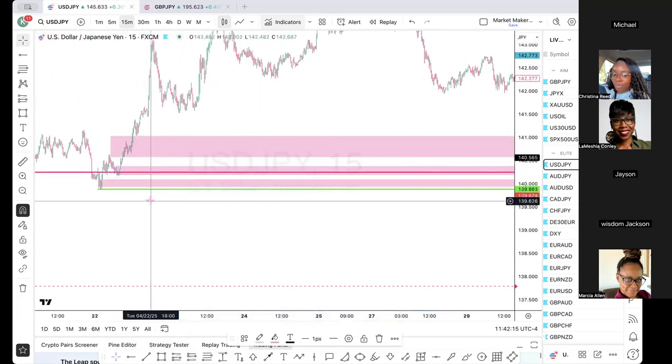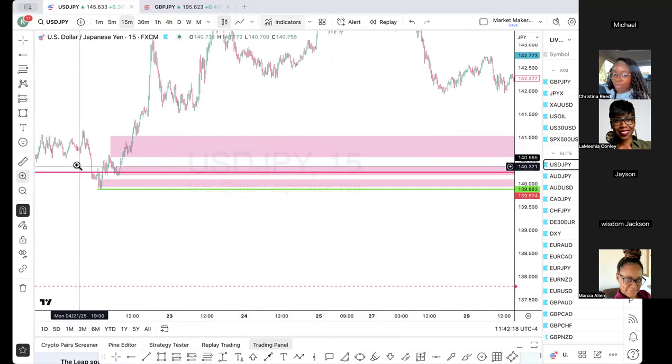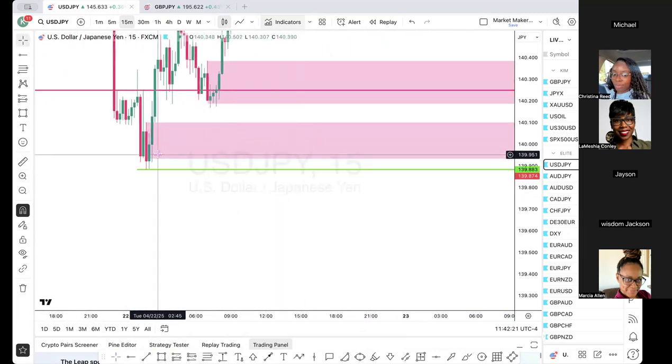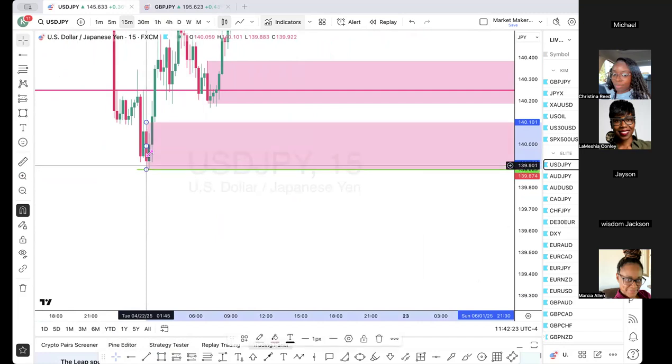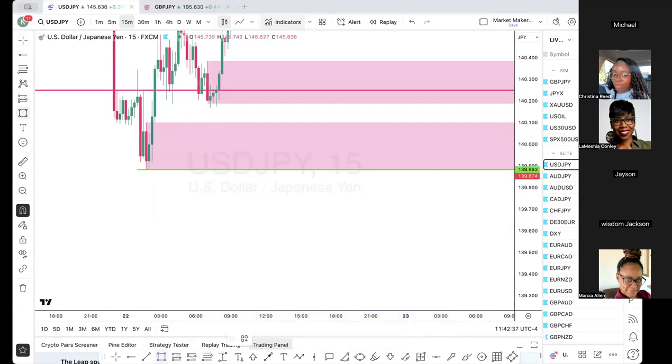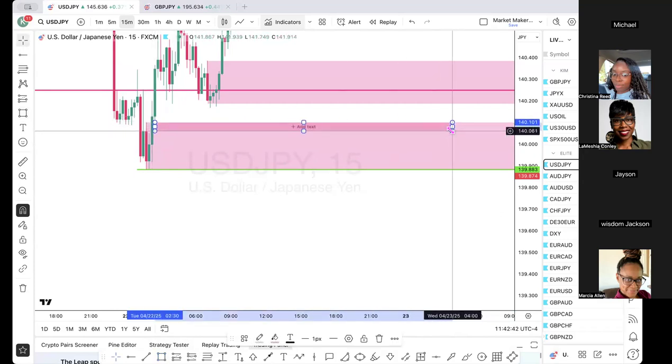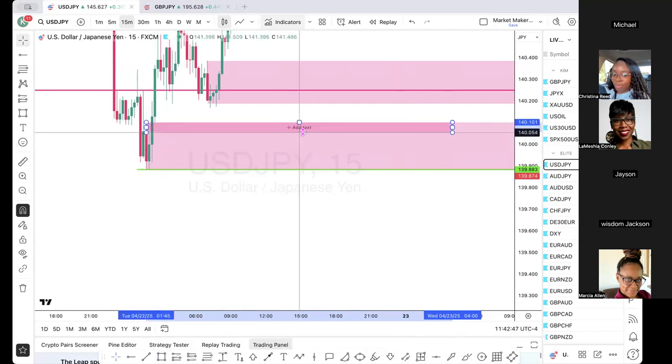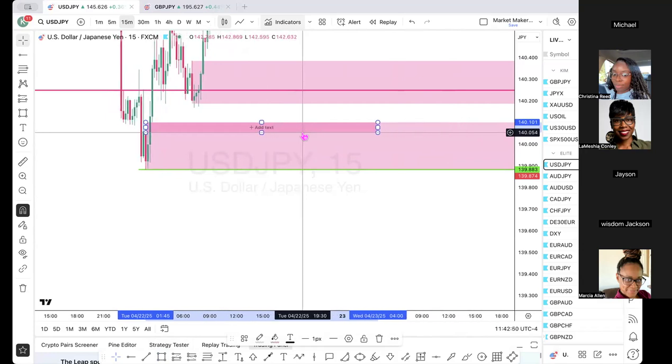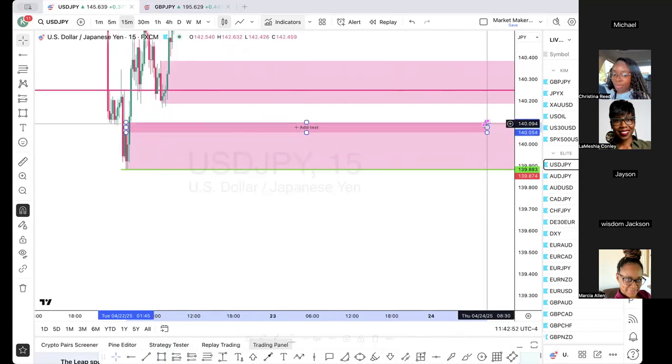As you can see, there's also an imbalance there. I would cover this candle here because this is the last down candle before this up move. So I would want price to come down here. There's a little imbalance right here as well. I'm just making the assumption about Todd because I don't trade like Todd. We may have the same end result, but as far as entries and exits, I'm a little different.